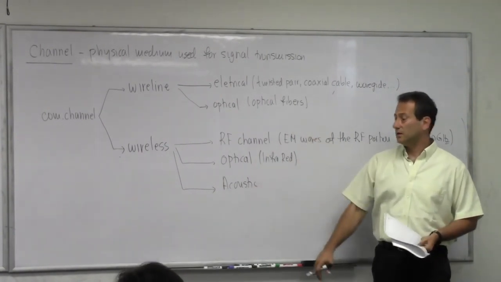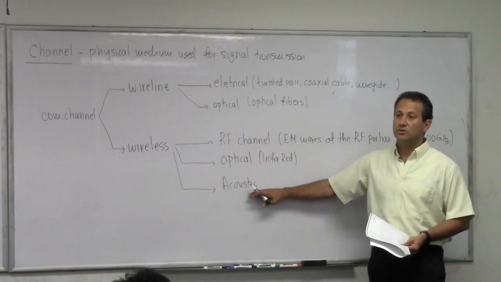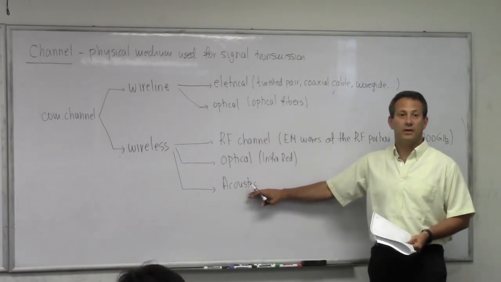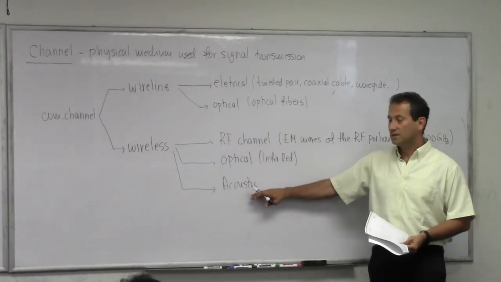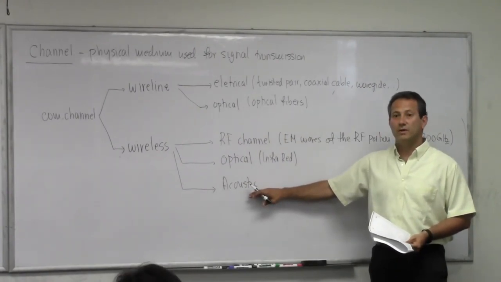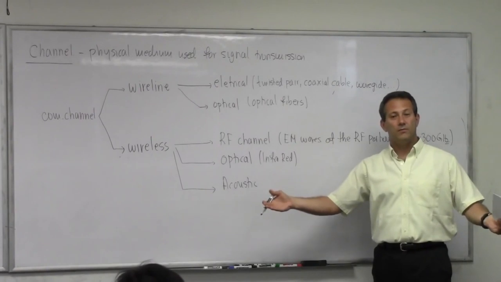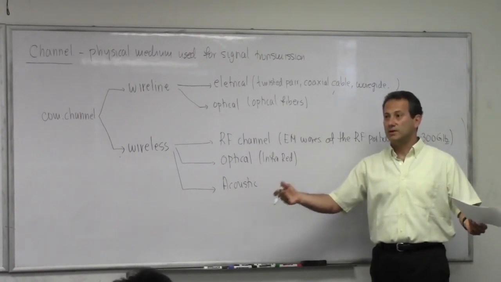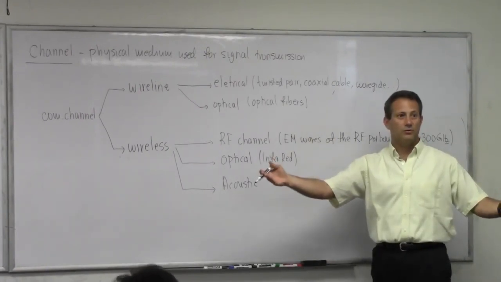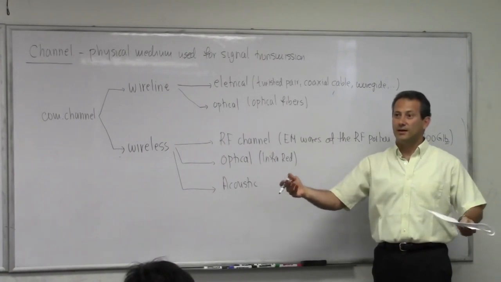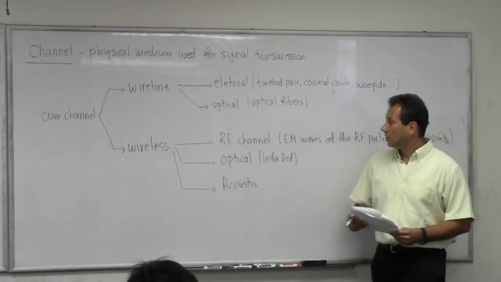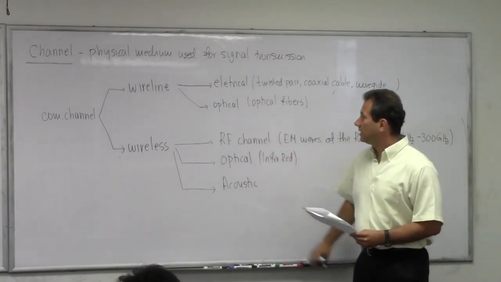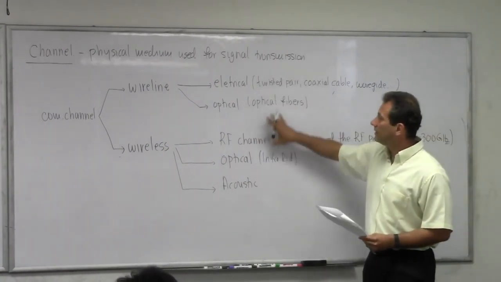Underwater is a prime example, because underwater propagation of electromagnetic waves is limited to a few wavelengths, so you have to use acoustic waves. An even more obvious one is this one. When I'm talking to you, we're talking wirelessly, through an acoustic communication channel.